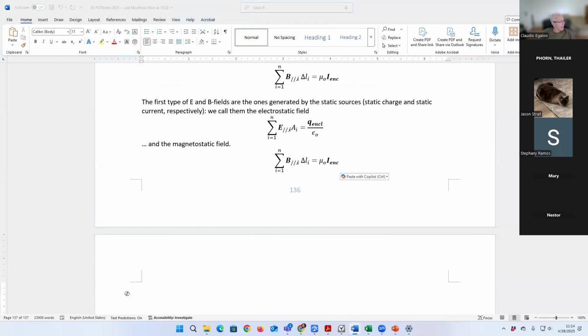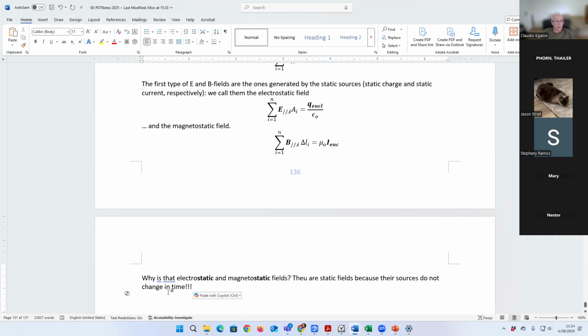They're called electrostatic and magnetostatic because they do not change in time, okay? They are called static fields because the sources do not need to change in time to create their respective fields. Okay?